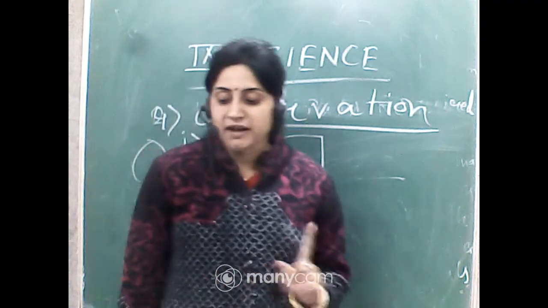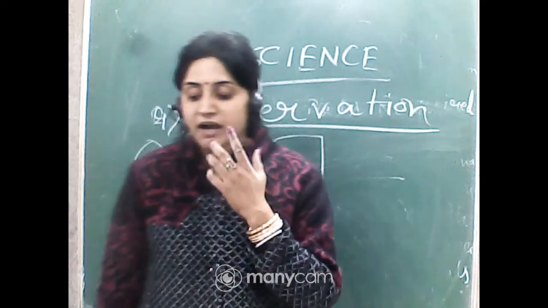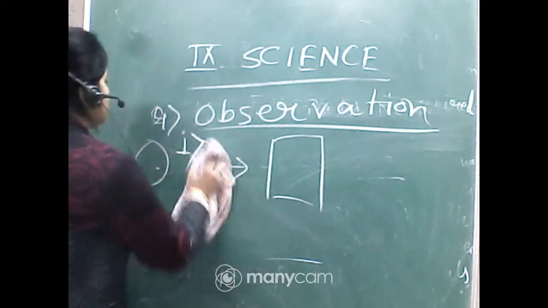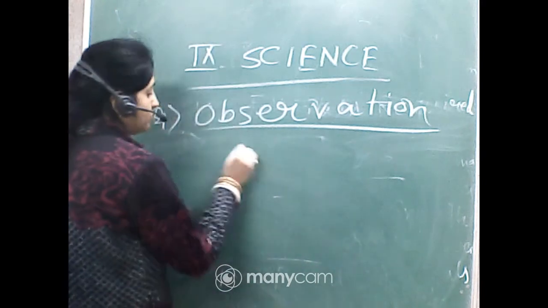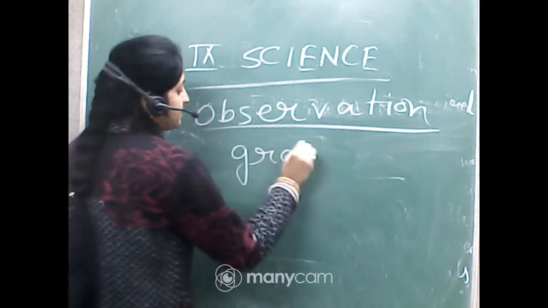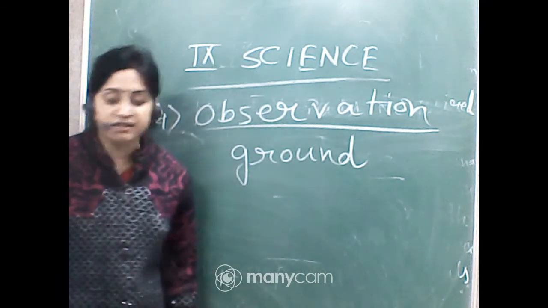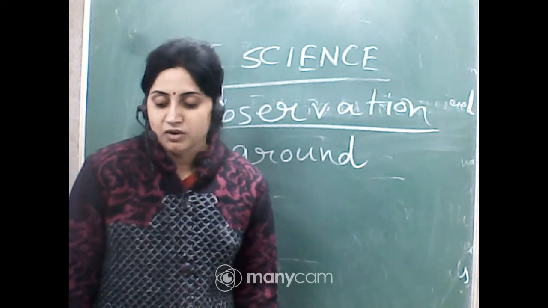So first, parenchyma. Point 1: parenchyma is a type of ground tissue. Ground means basic tissue, main tissue.